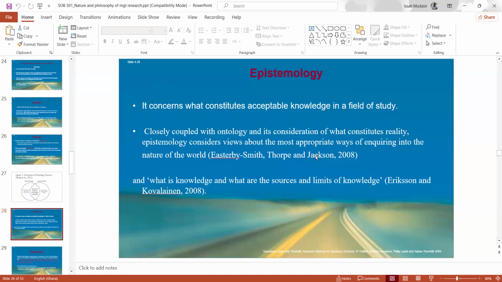How do we gain access to knowledge in our reality? In terms of reality, how what exists may be known. So the inquiry into the deep realms. What can be known? What criteria must be satisfied in order to be described as knowledge?